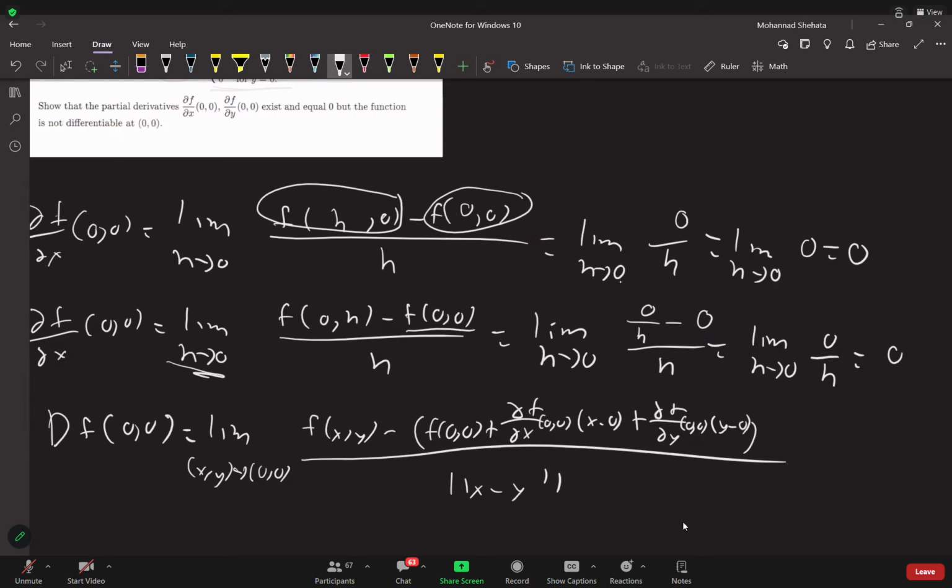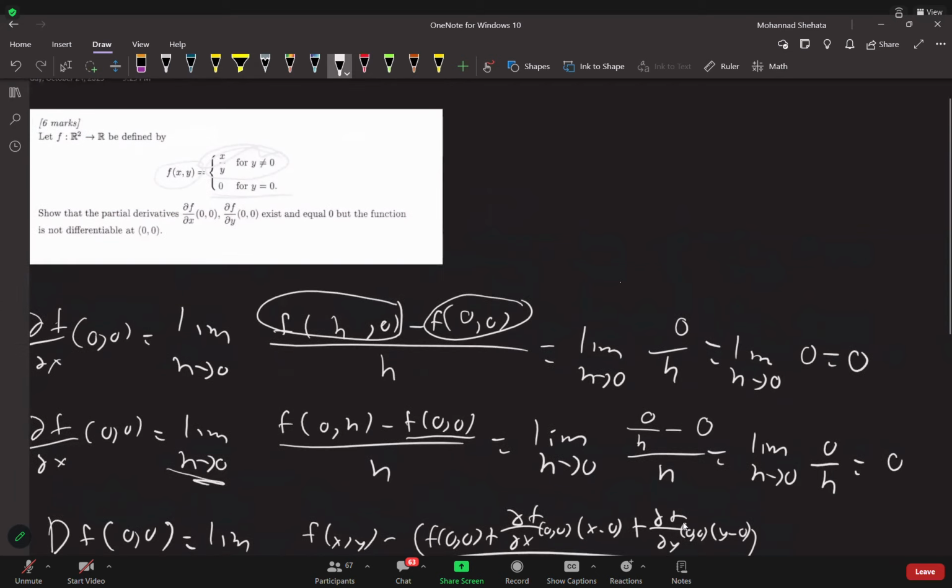Contrapositive of major theorem 1. Okay, major theorem 1 says if f is differentiable, then f is continuous at (a,b). Good question. Let's see. How do you suggest we use the contrapositive? f is not continuous at 0.